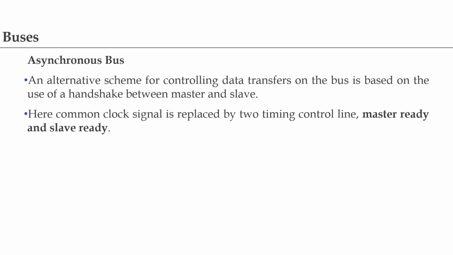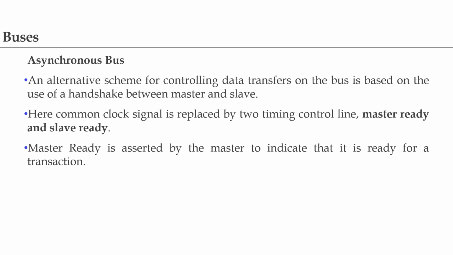Instead of a single clock signal, the asynchronous bus uses two control lines. Master ready: this signal is set to high by the master to indicate that it is ready to start a data transaction. Slave ready: this signal is sent back by the slave to indicate that it is ready to receive or send data.